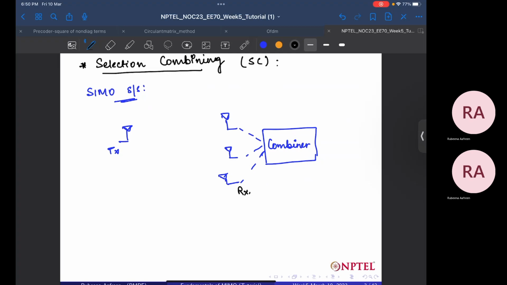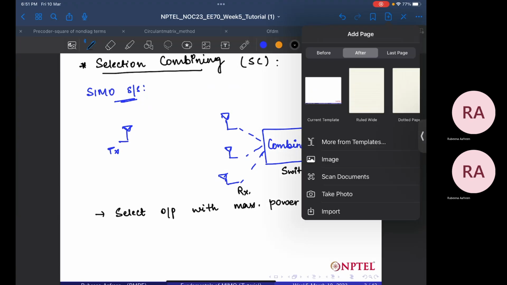In selection combining, the combiner is basically a switch. What is the function of this switch? This will select the output with maximum power. At every instant, it will select the output which is at maximum power. I'll just show it with the diagram.